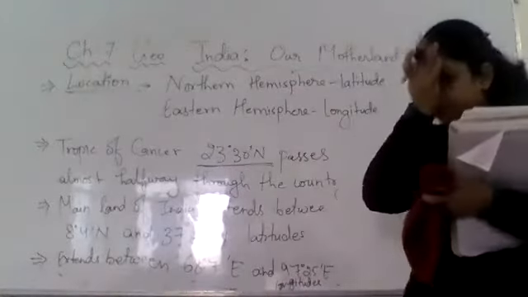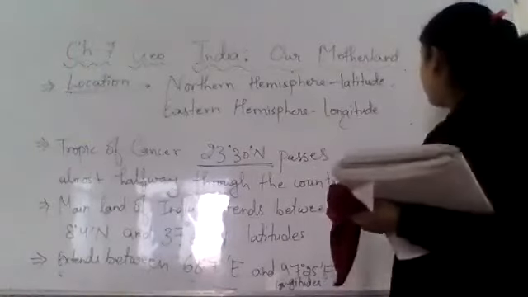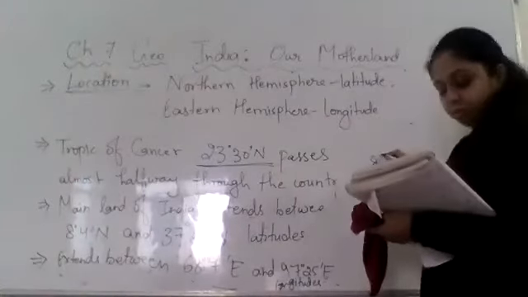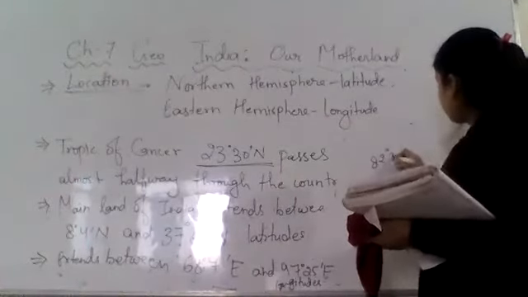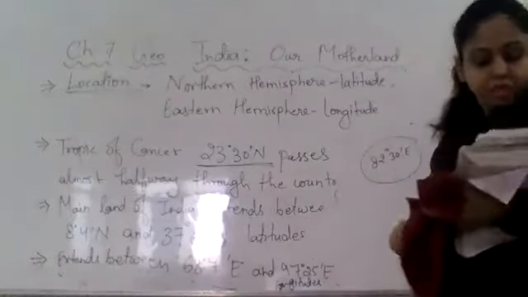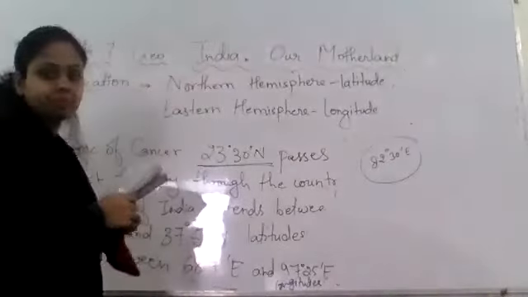So to keep a standard timing in the whole country, we have taken the longitude of 82 degree and 30 minutes east. Okay, so this has been taken as Indian Standard Time.